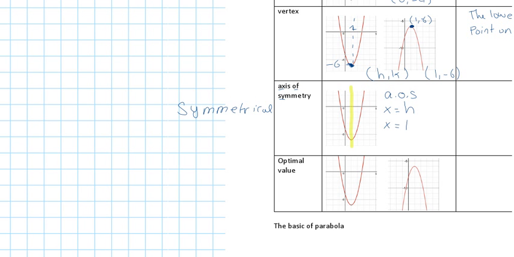So always the axis of symmetry is reported as x equals whatever the x value of the vertex is.